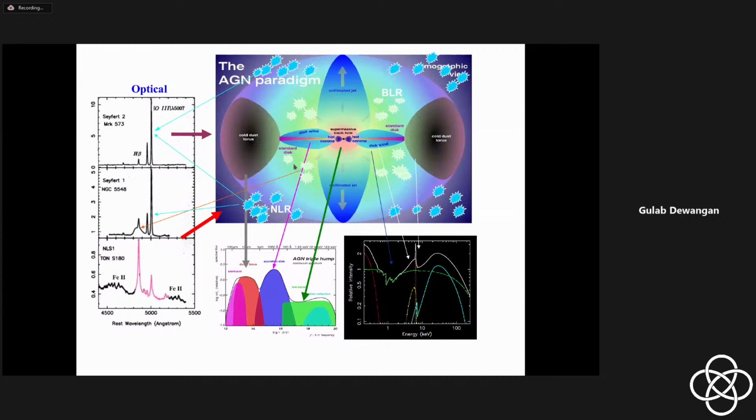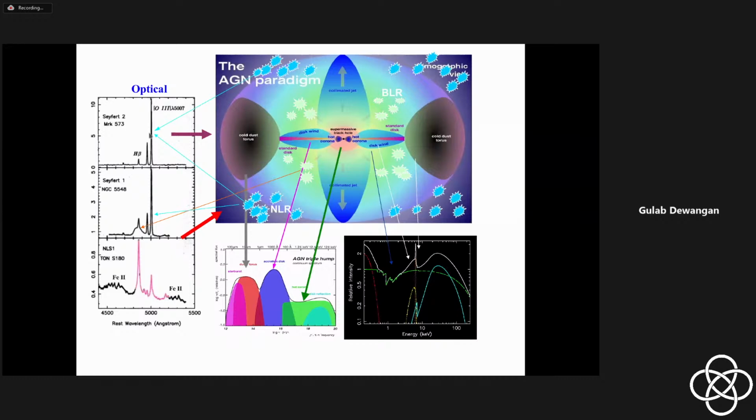So we do not see these broad emission lines in the spectrum, and we do not see the emission from the accretion disk. But some of the X-ray emission can penetrate, and we do see X-ray emission, particularly hard X-rays, which are not absorbed by this cold dusty torus.